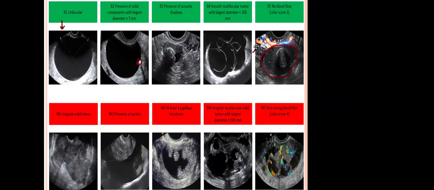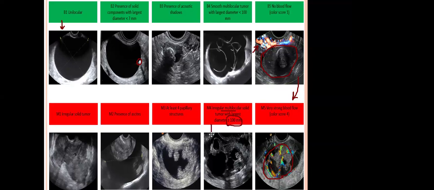This flow is outside the lesion. Now look at this. Now this is a very strong blood flow inside the lesion itself. Now this is a high-risk lesion to be malignant. Now this is an irregular, solid, multilocular tumor, huge size, mostly more than 10 centimeters.